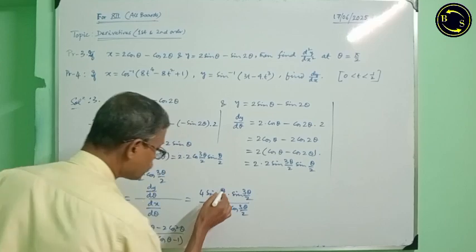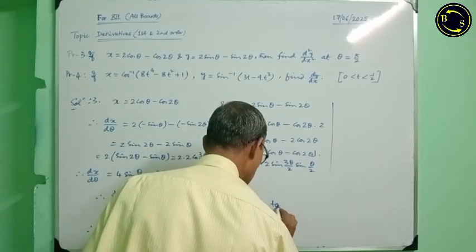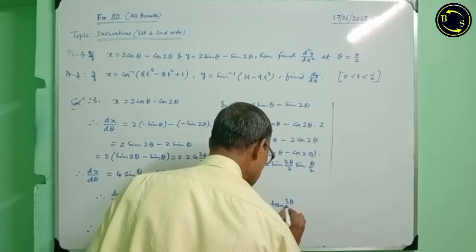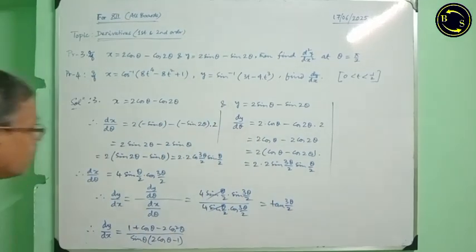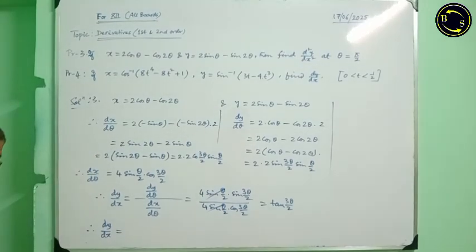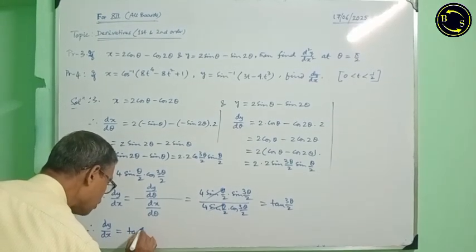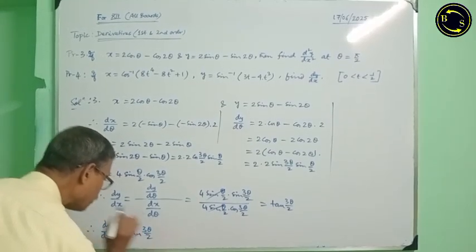Now these two cancelled. Therefore, tan of 3 theta by 2. Therefore, in that case, dy dx will be tan 3 theta by 2.